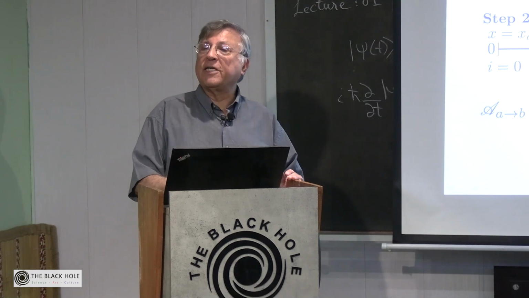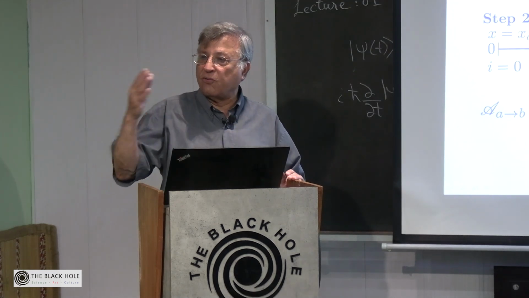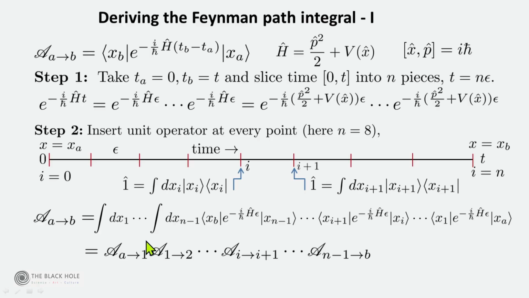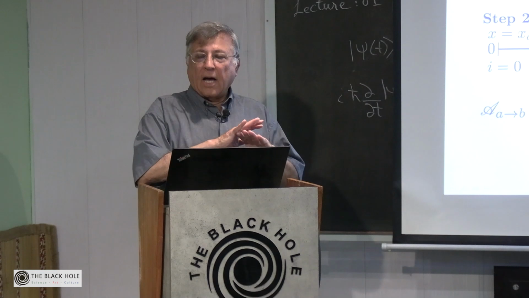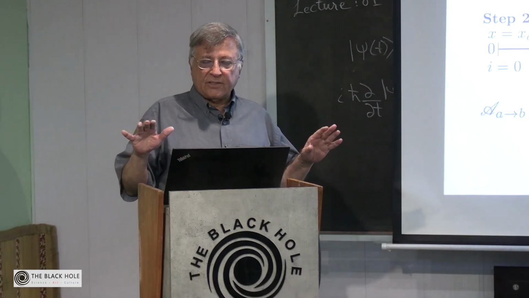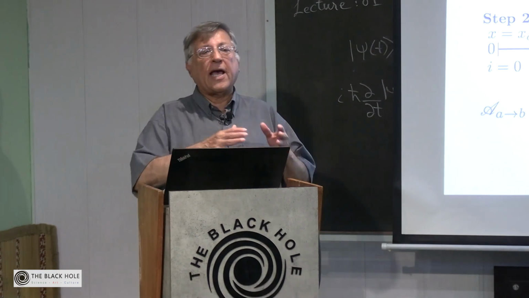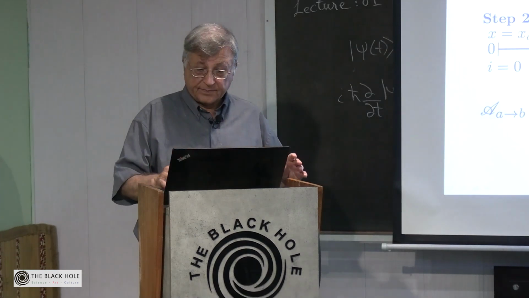So that gives me an expression for the amplitude to go from A to B. And, you see, this is just a product of amplitudes. So A to 1, 1 to 2, 2 to 3, etc. And then the last one, here it's the 8th one, here's the 7th one, 7 to 8. I have now the amplitude from A to B as a product of these amplitudes.